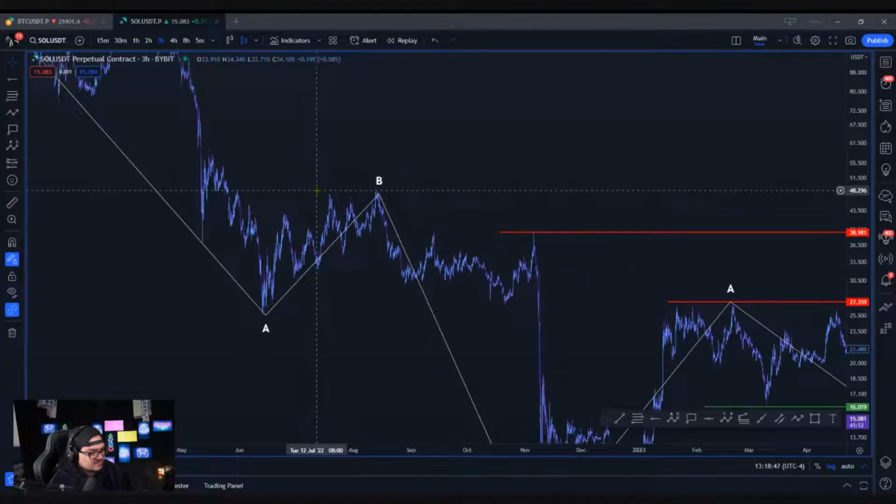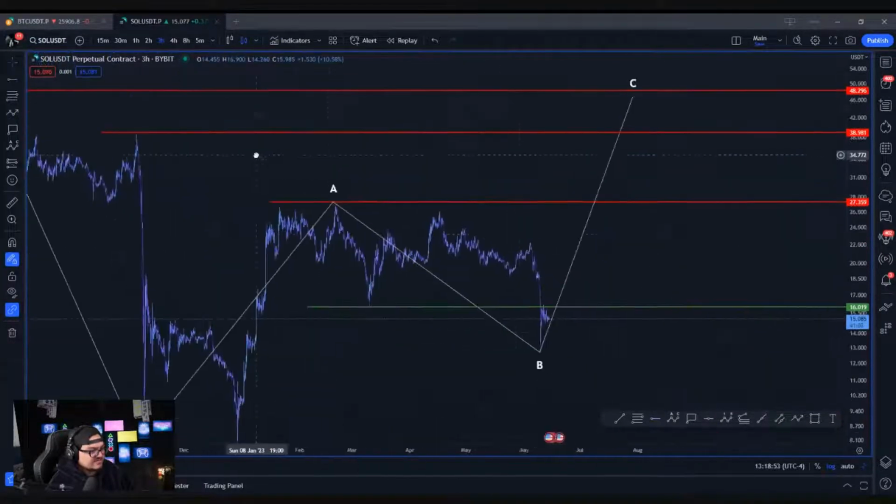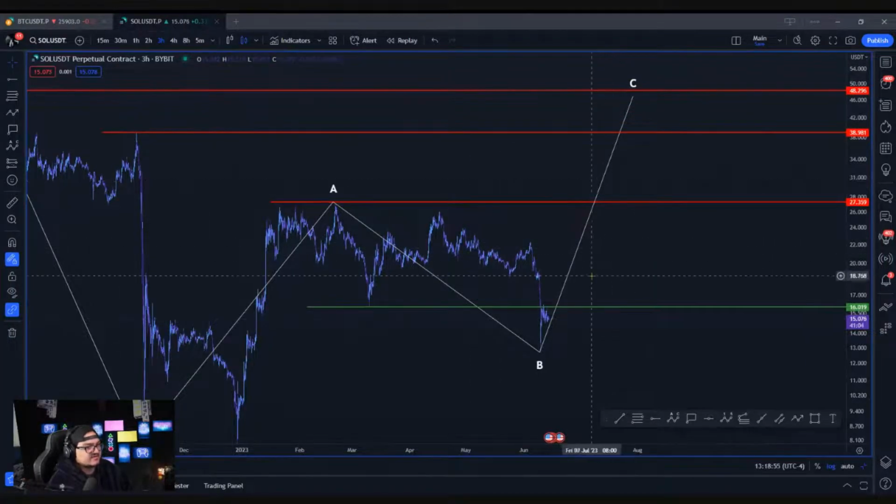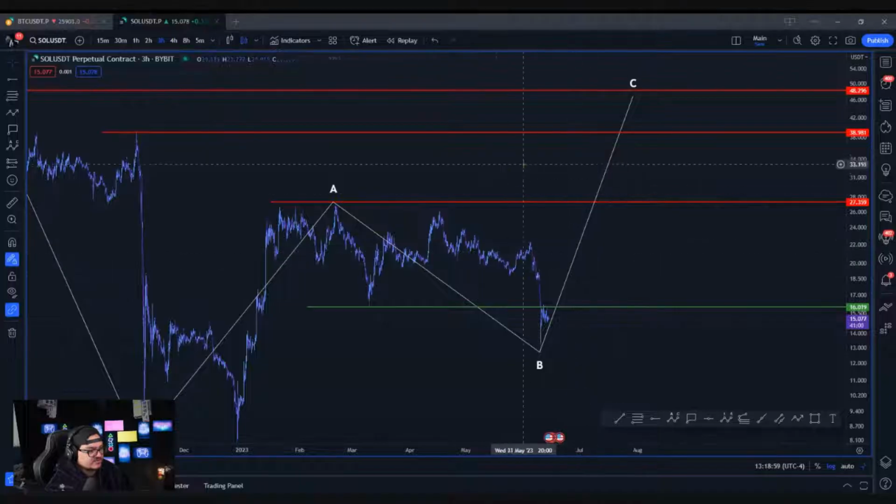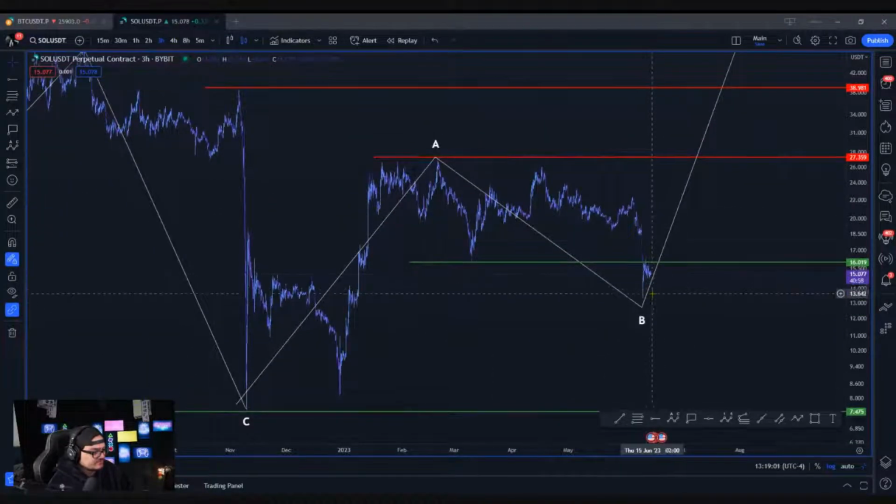From there, about 48 is probably the next area of significant resistance, in my opinion. Just keep that in mind, depending on where you want to target for that long position. That's going to be the larger term areas to look out for.